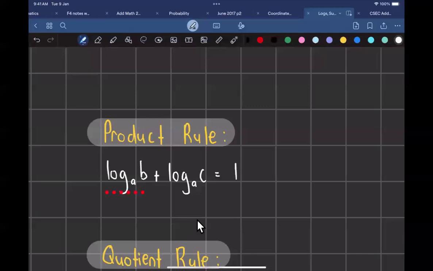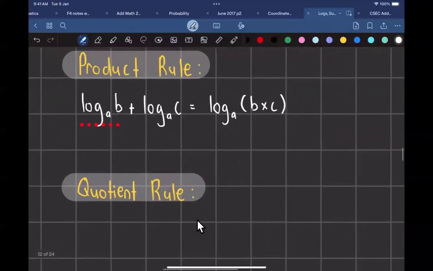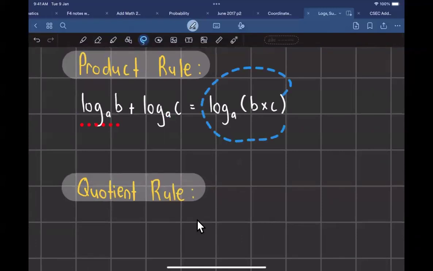Log A B multiplied by log A C. No, that will be log base A of B times C. Same base, so we are combining it into one.